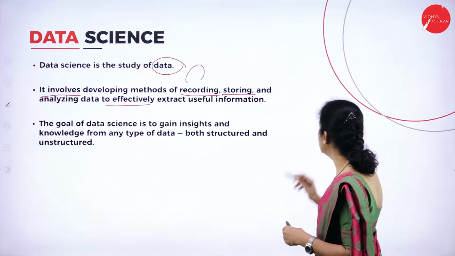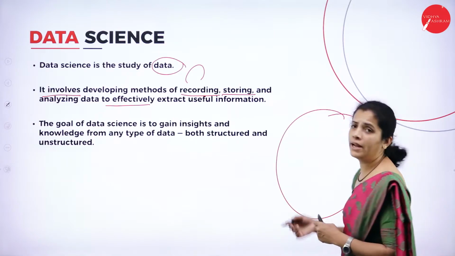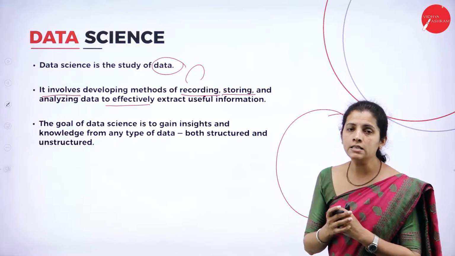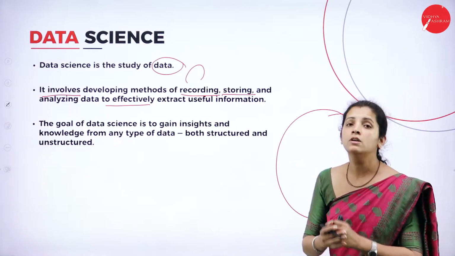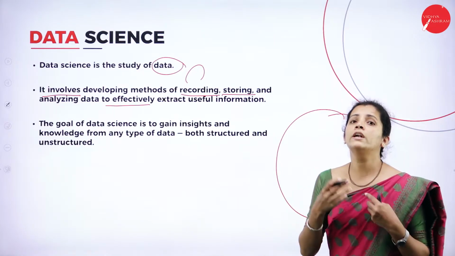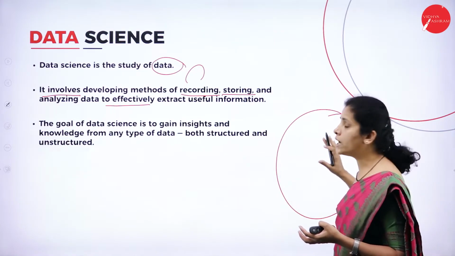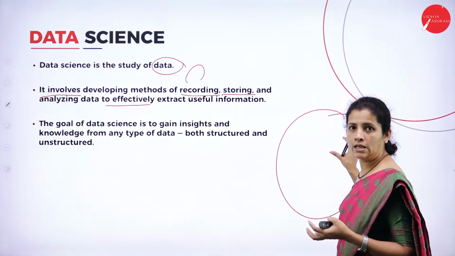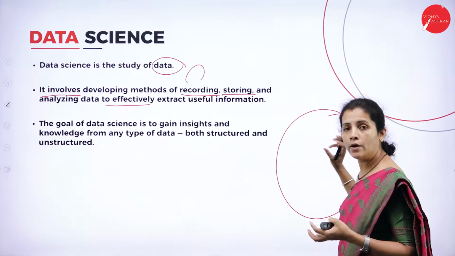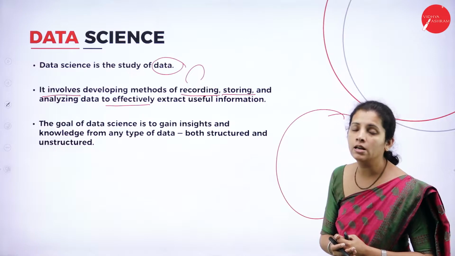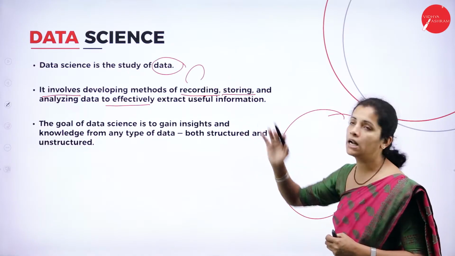For example, think that I have a bundle of data and all the data are not organized or arranged in some manner. Now what I want to do is, from this raw material or raw data, extract the meaningful information, and this is the job of data science.